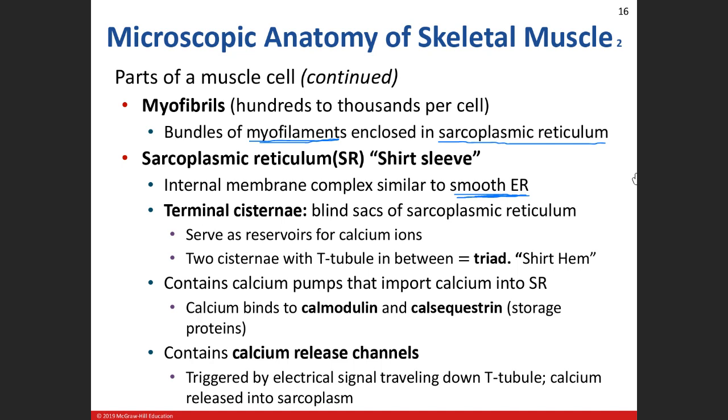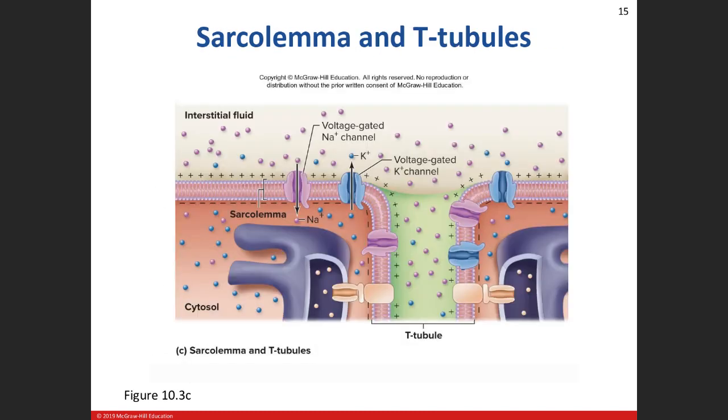All right, so this is going to be a horrible drawing. So there's my myofibril, and then I'm going to have all these little tubes going all over the place from end to end. That's the sarcoplasmic reticulum. On either end, though, of the sarcoplasmic reticulum, you're going to have this blind sac. It's referred to as a blind sac, but it's just that sac-like structure. That's this, right here in this drawing.